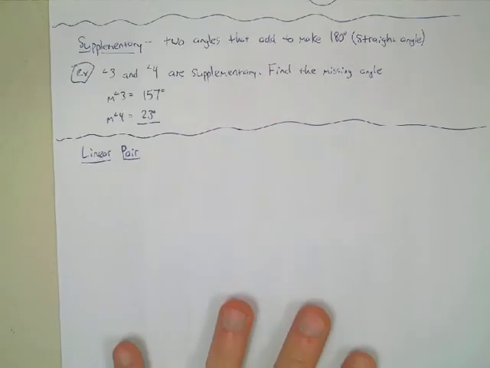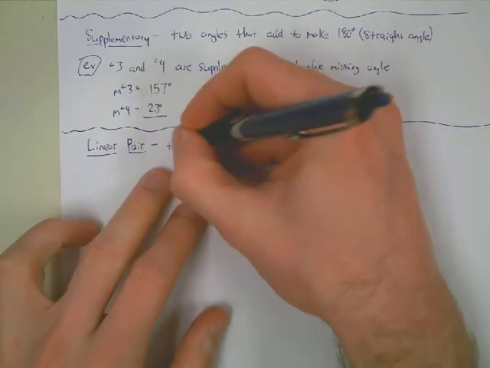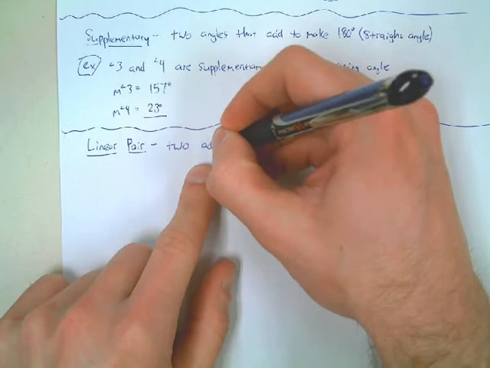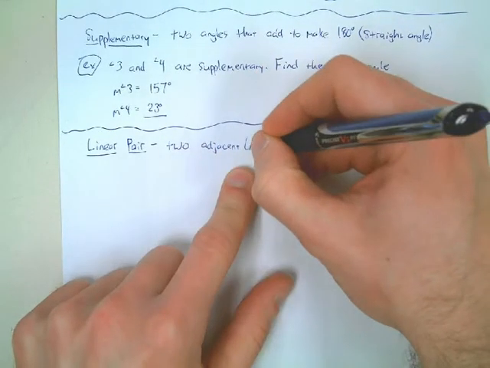We all know pair means two, and linear, well, what does that mean? A line. So it's two angles that make a straight line. Okay, that's it. Here's the one thing that's not indicated there: it's two adjacent angles. And again, the word adjacent just means next to.